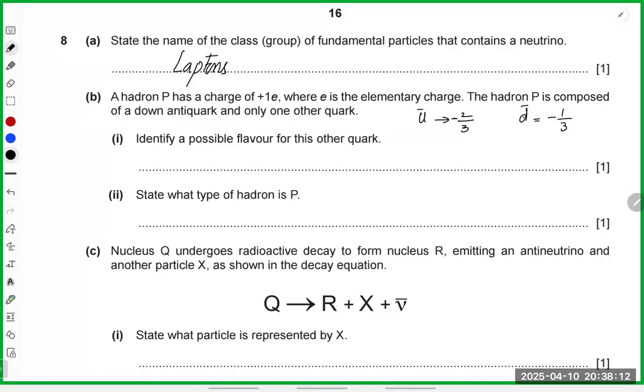Minus 2 by 3. What will be anti-down? Plus 1 by 3. So we already have 1 by 3. How much charge do we need to complete 1? 2 by 3. So we can use an up quark. What quarks have positive 2 by 3 charge?